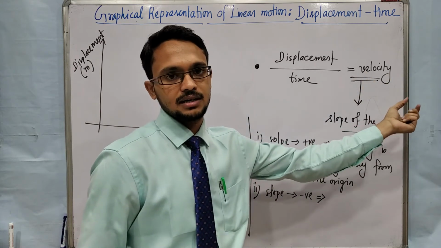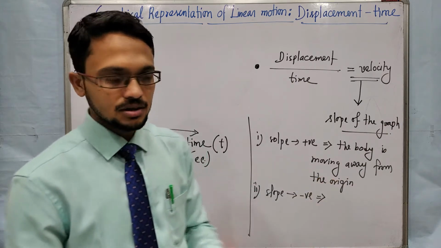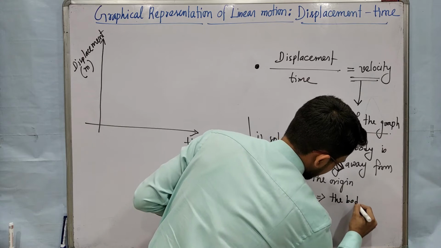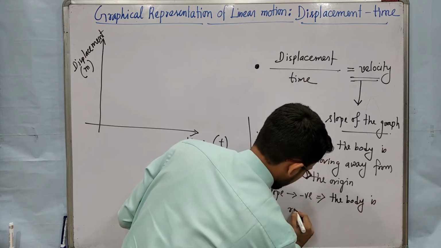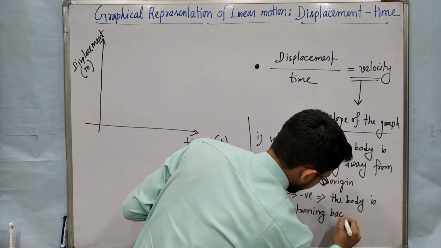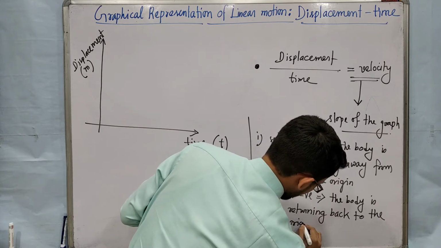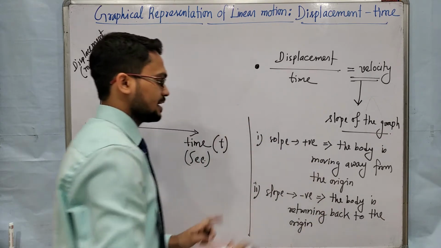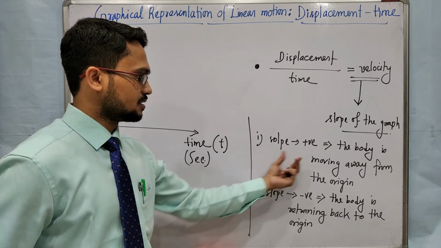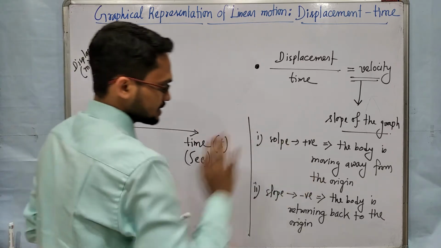Negative velocity means the object is returning back to the origin or the reference point. So these are the two different signs of slope. Positive means that, negative means this.